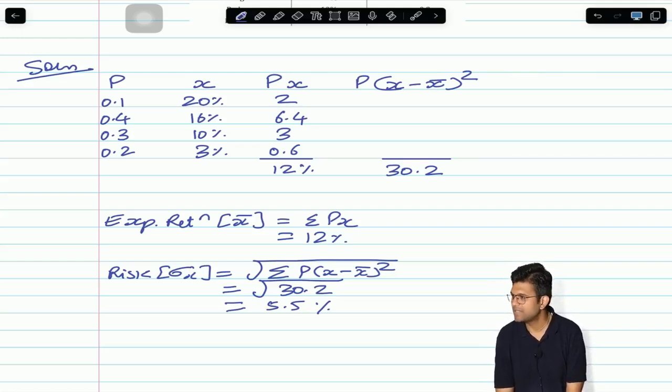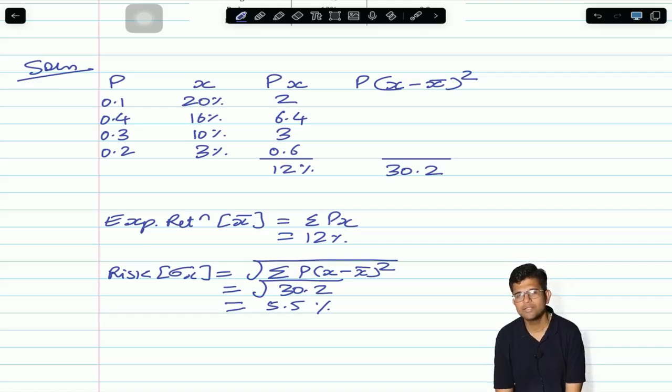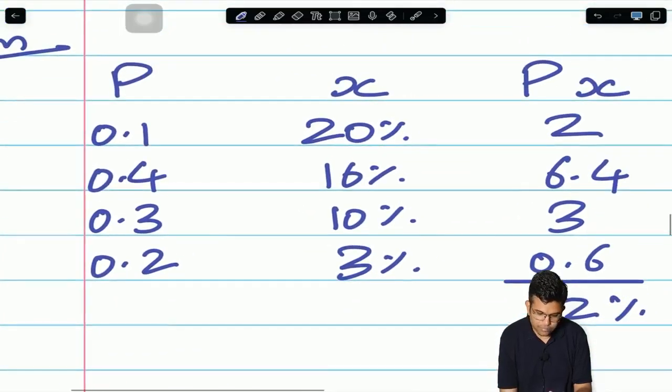So some mistakes I'm telling, don't make in the exam. Are we ready? Important. First mistake. People don't understand what is the meaning of probability. One day, I asked one student, what is the meaning of this 0.1, 0.4, 0.3 and 0.2?